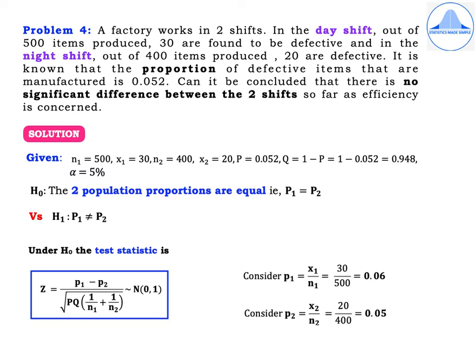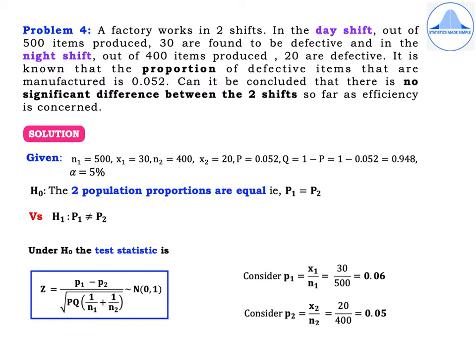If we go through the problem, we see that in the day shift 500 items are produced and 30 are found to be defective, and in the night shift out of 400 items produced 20 are defective. So under solution you can write n1 is equal to 500, x1 is 30, n2 is 400 and x2 is 20.